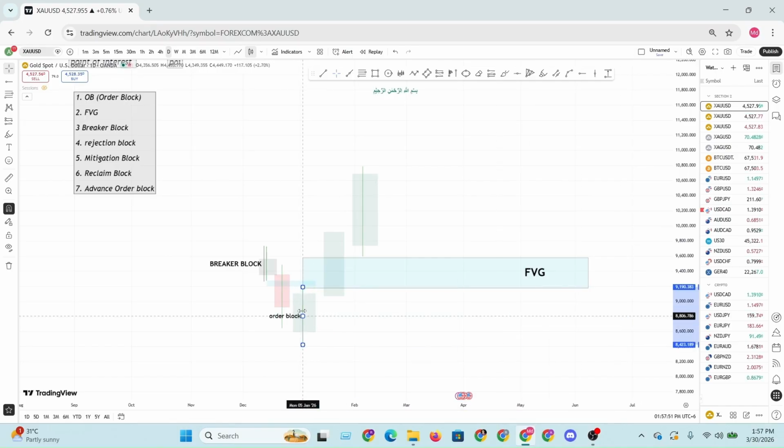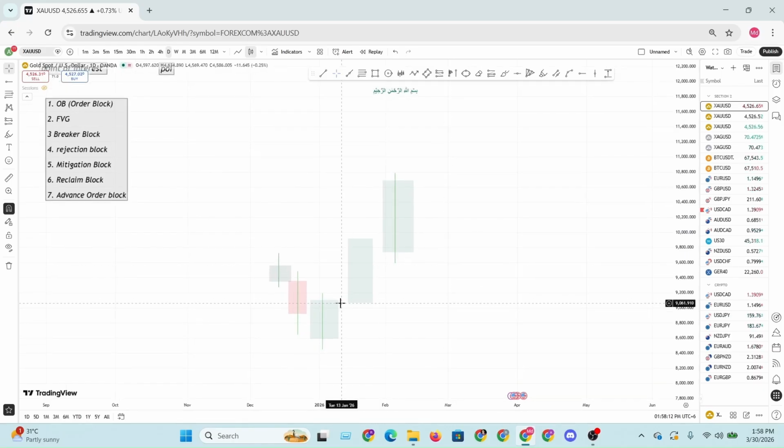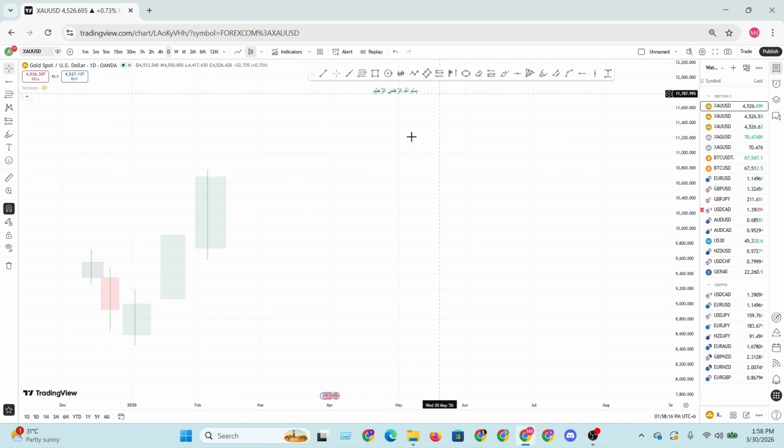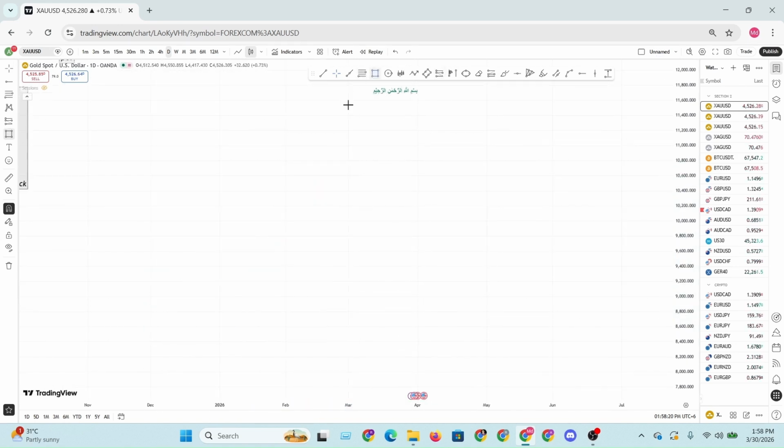See, this is the first candle. Suppose this is the first candle.